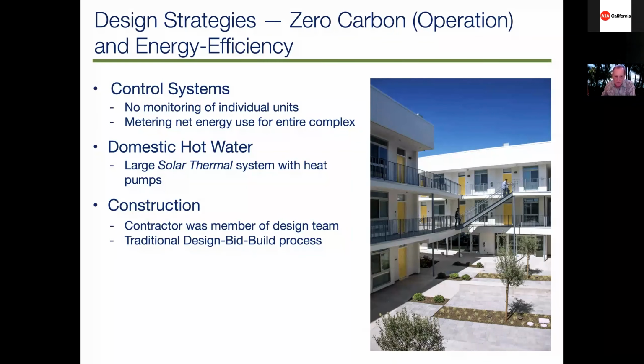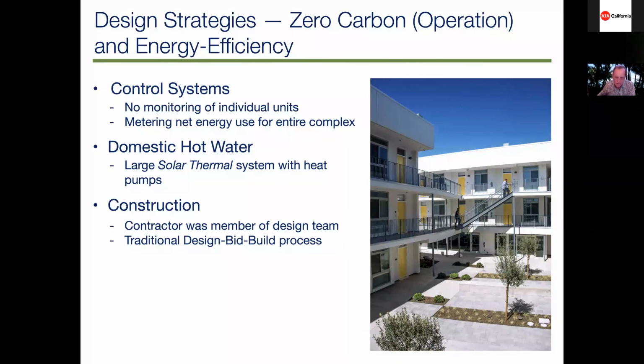And the construction, of course, they did it the way you want to do something like this, involved a contractor during the design of the project, who constantly gave cost estimates as a design decision was considered and made. The price was immediately put on, so as to keep good track of the cost. And they did the design build process.